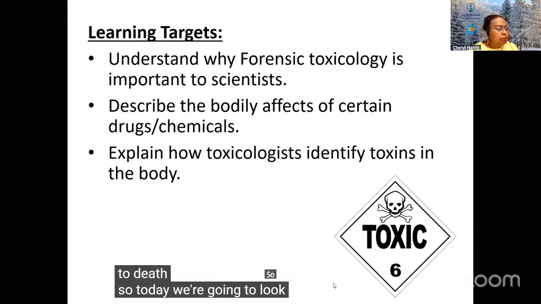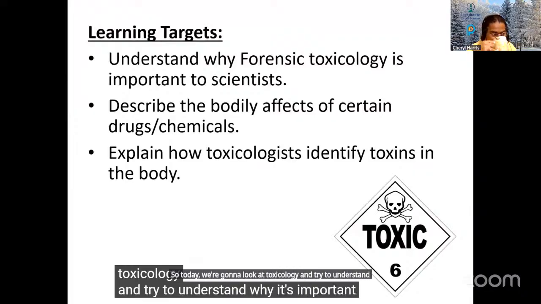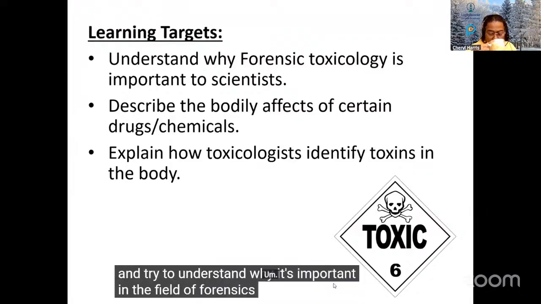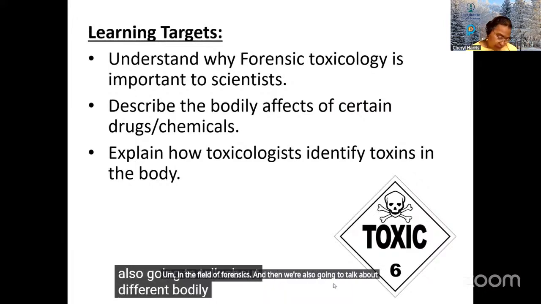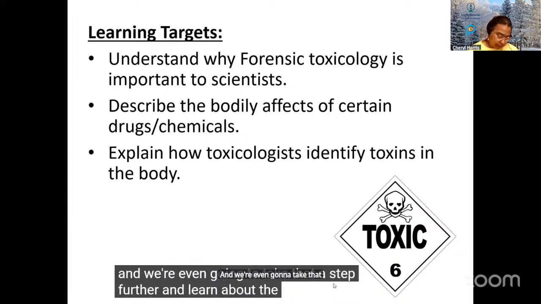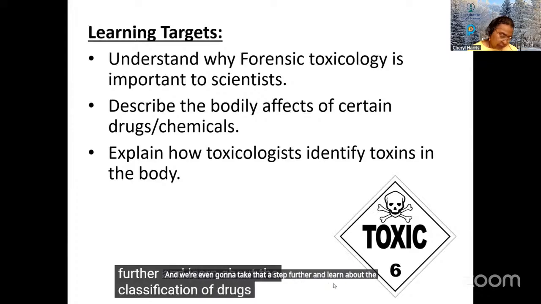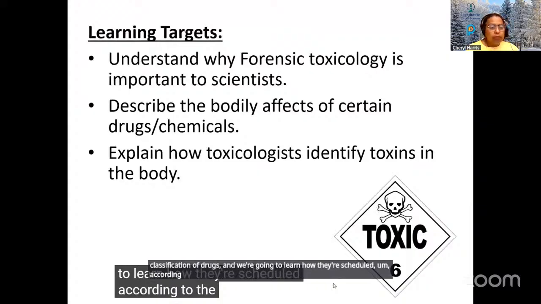So today we're going to look at toxicology and try to understand why it's important in the field of forensics. And then we're also going to talk about different bodily effects of certain drugs and chemicals. And we're even going to take that a step further and learn about the classification of drugs, and how they're scheduled according to the DEA.